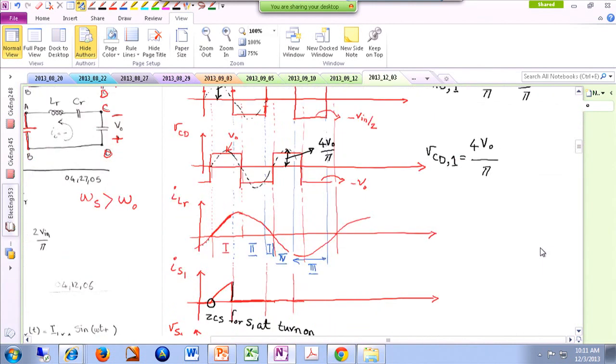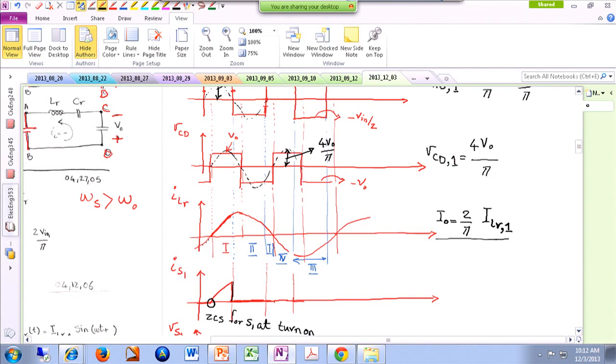Having that said, if I assume that ILR is just one fundamental harmonic, I can write this equation. Iout is 2 over pi times this. If I only focus on the fundamental harmonic of ILR, or I assume that ILR is a purely sinusoidal signal, then taking the absolute value and the average value of that, you get an expression like this basically. 2 over pi times this.